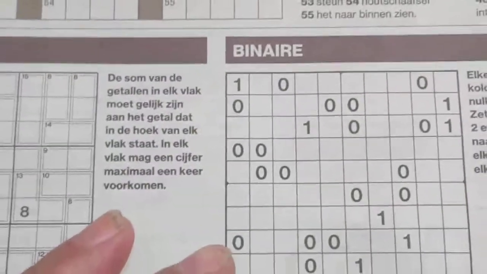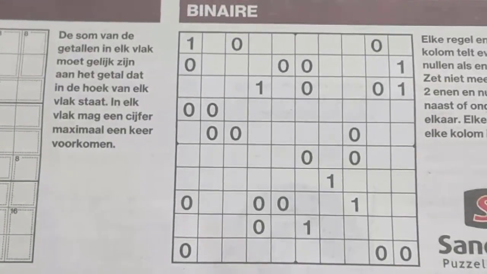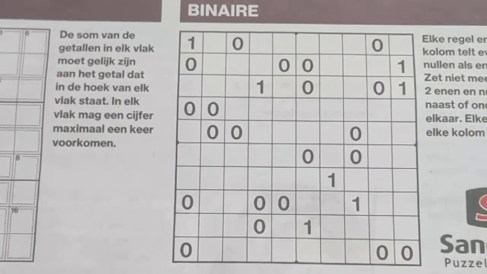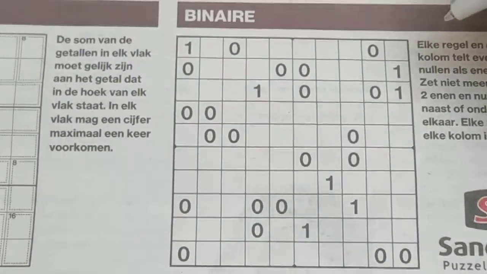I will solve the regular Sudokus first, because in this newspaper there are also 5 or 6 extra Sudokus during the corona crisis, but the priority is the regular Sudoku. So I will solve these 3 Sudokus first. The first one I will do is a binary, so let's get started.